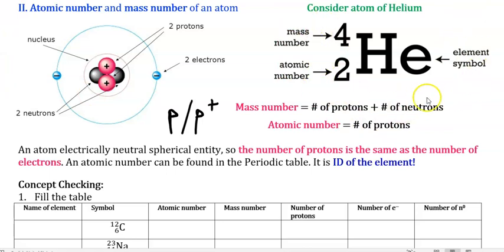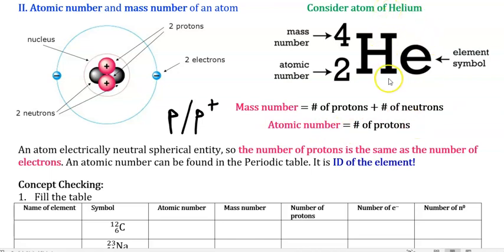Like here in this example. So this is a symbol of the element helium, He. Its mass number is 4, its atomic number is 2, and He is its element symbol. So as we mentioned before, atomic number shows us the number of protons. That's why I put it here. Atomic number equals the number of protons.